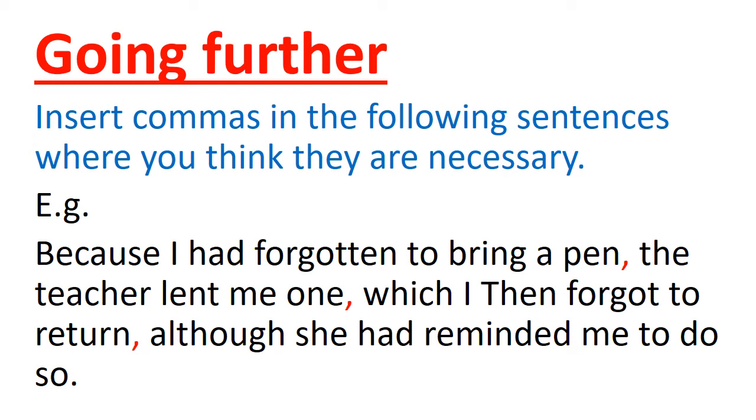After one, we have used a comma to separate the main clause from the subordinate clause, which I then forgot to return. Then after return, we have used a comma to separate two subordinate clauses. There is no main clause. Okay, that is going further. Like that you can do B, C, D and E.